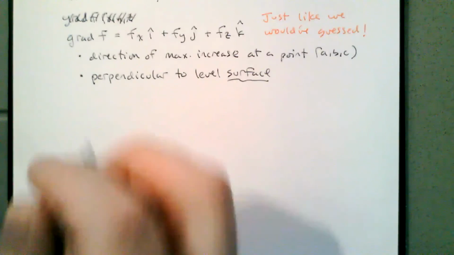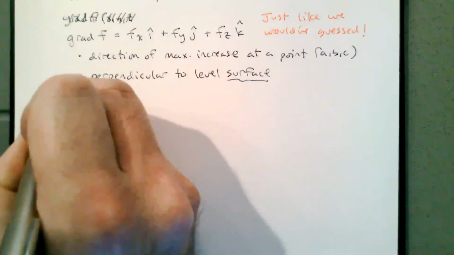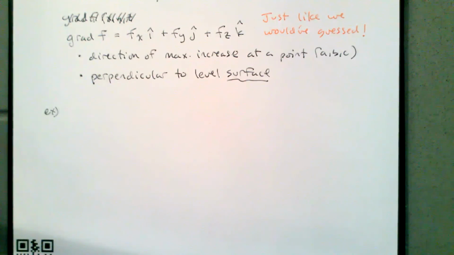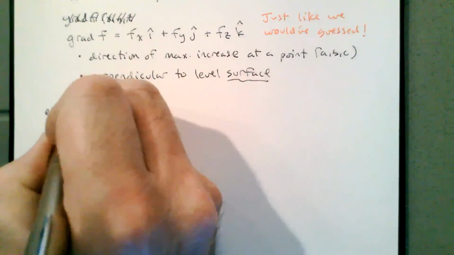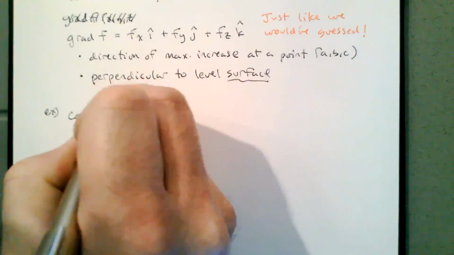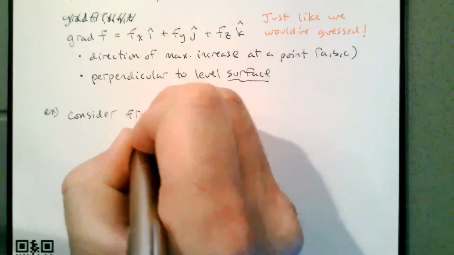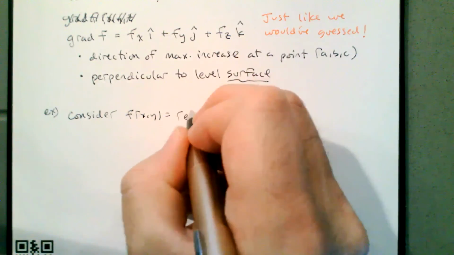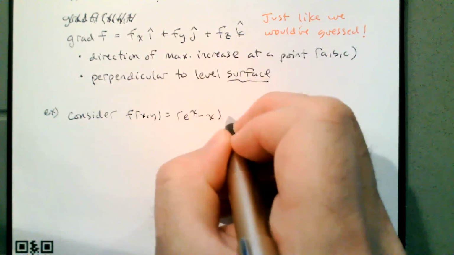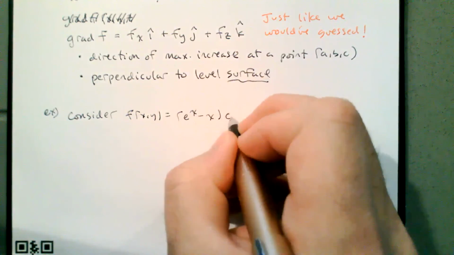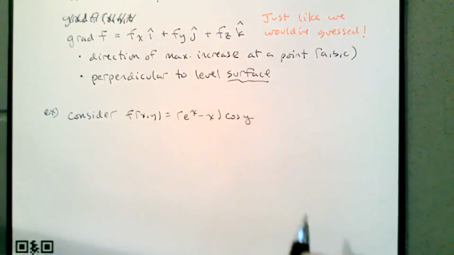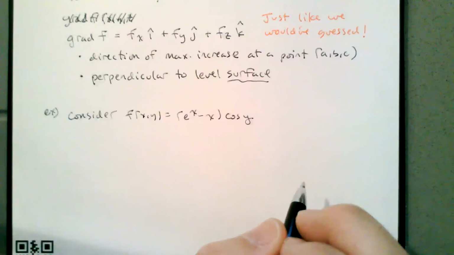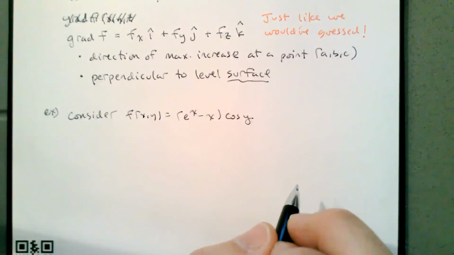So it says, consider the function, and then it gives you a level surface.